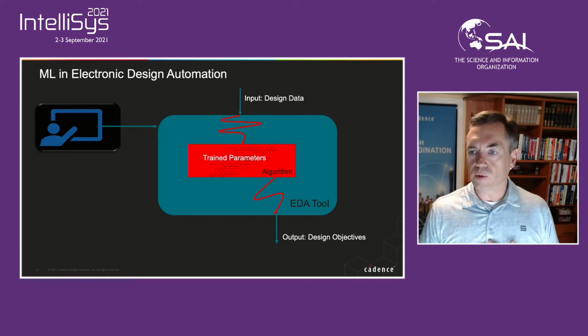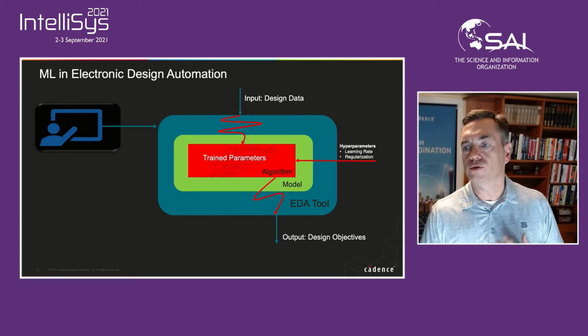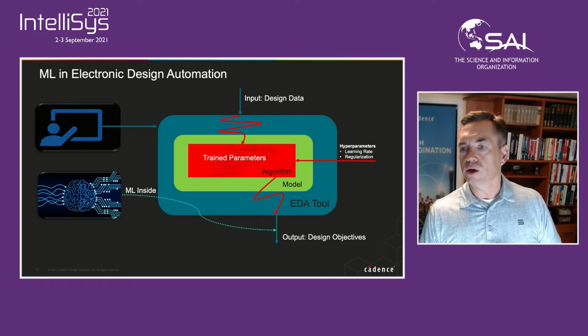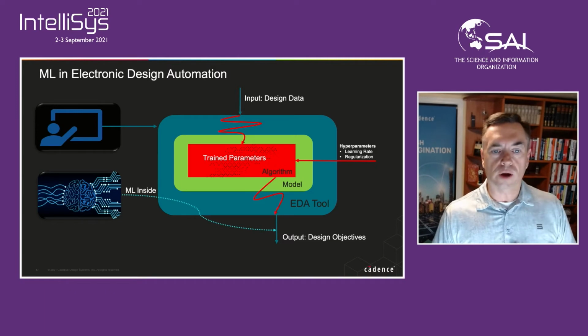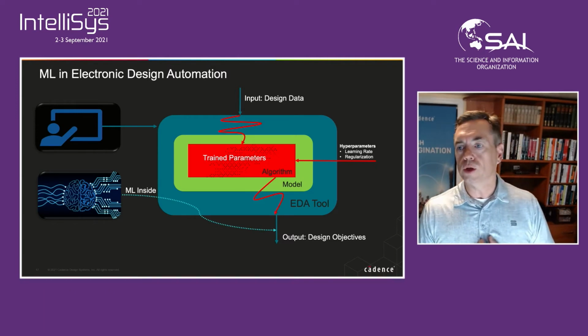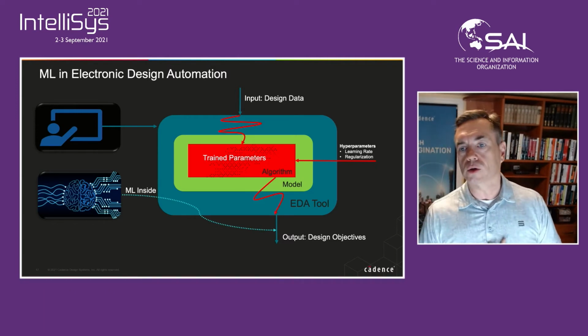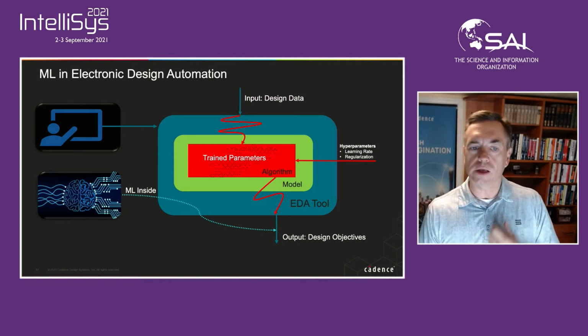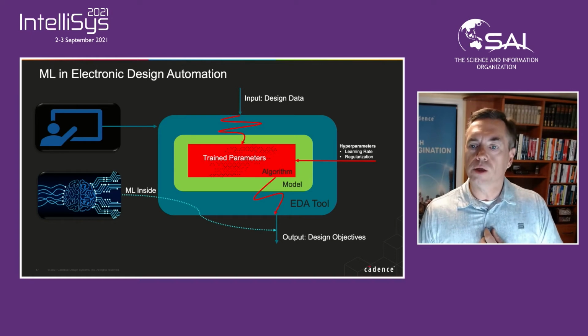We differentiate between two different types of machine learning here. One is what we refer to as machine learning inside, where you have the cost functions within the tool captured in a neural network, for instance, and then that neural network becomes the cost function. It's largely invisible to the user.